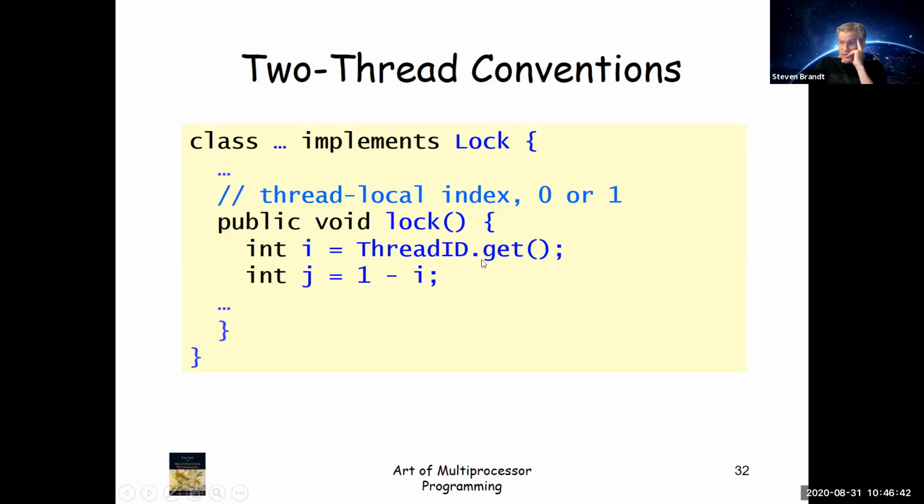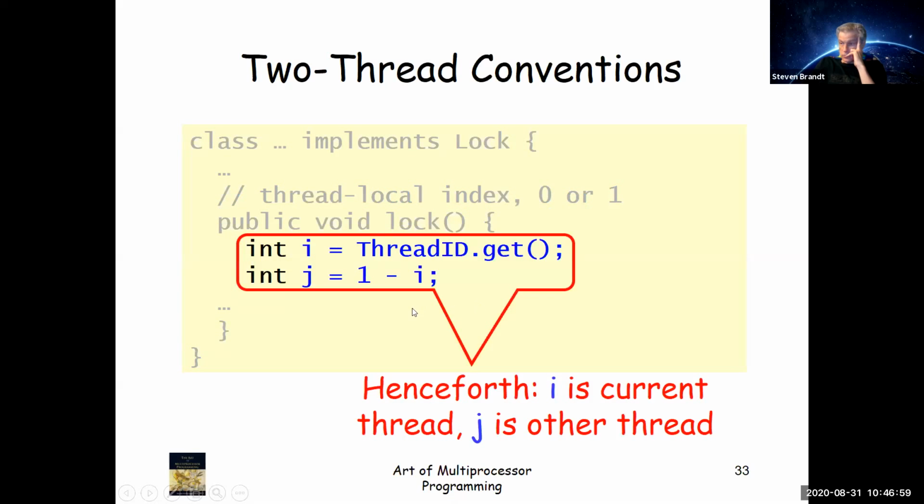ThreadID.get returns either 0 or 1, depending on whether you're thread 0 or thread 1. And then int j will be 1 minus i, so it will be the opposite. If i is 0, j will be 1; if i is 1, j will be 0. So i is the current thread, and j is the other thread.